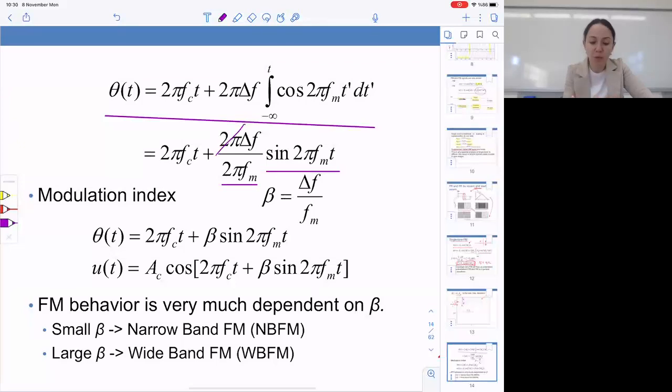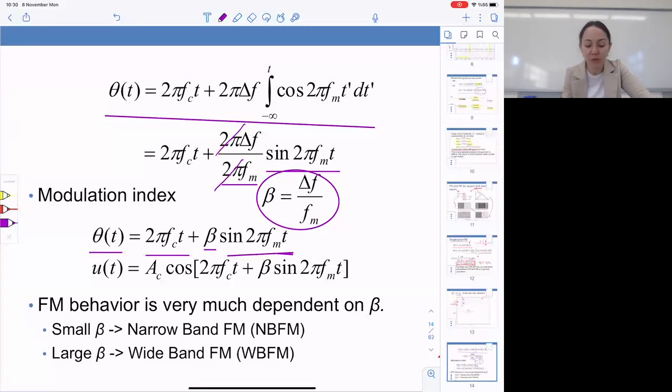So when you cancel out the 2π's, we have Δf over f_m appearing as a multiplier to the sinusoid. So the instantaneous phase is 2π f_c t plus some beta times sin(2π f_m t), where beta is Δf over f_m. Interesting.